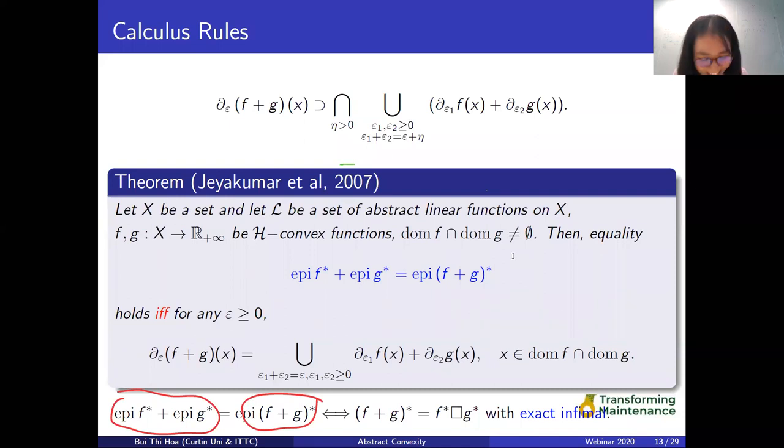I'm not sure, because I haven't played around too much with abstract convexity yet. But I remember, for example, Marco has a few very good publications along this line. I think I started with my supervisor trying to do the epigraphical conjugate form for the infinite cases, but I haven't done that to this day, so how this links to abstract convexity is not something I know at this moment. But I think maybe it's of some interest.